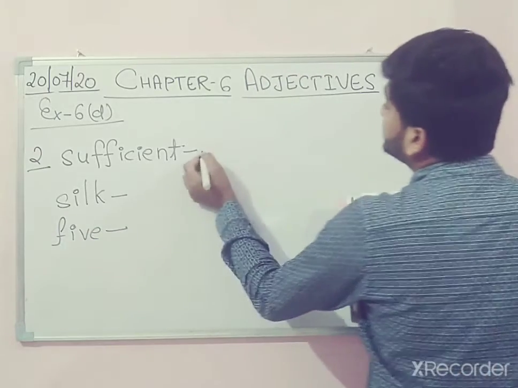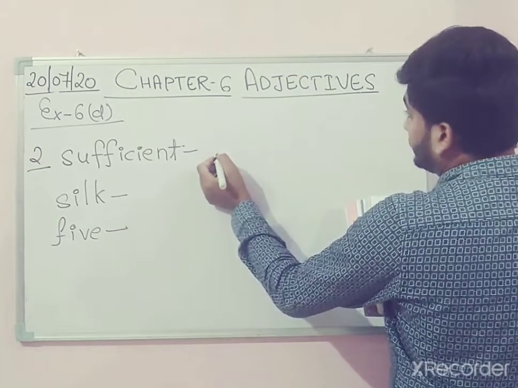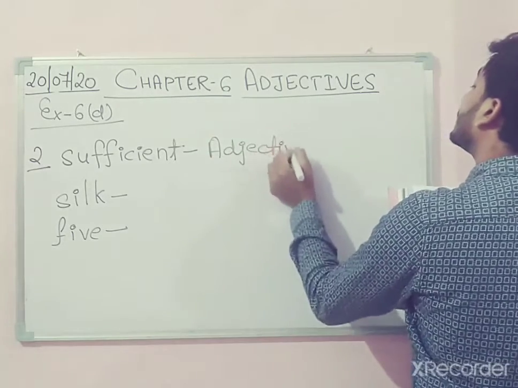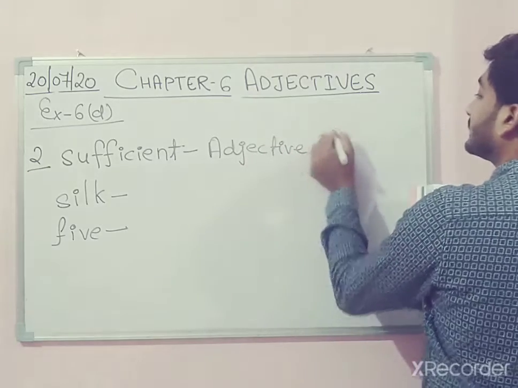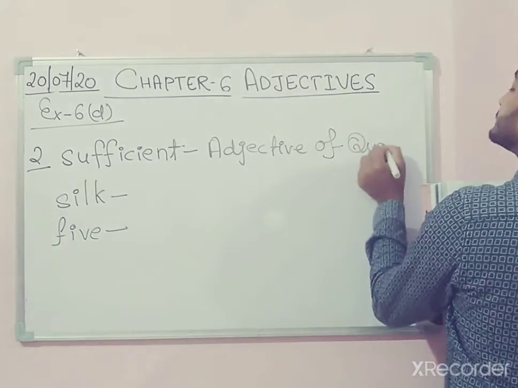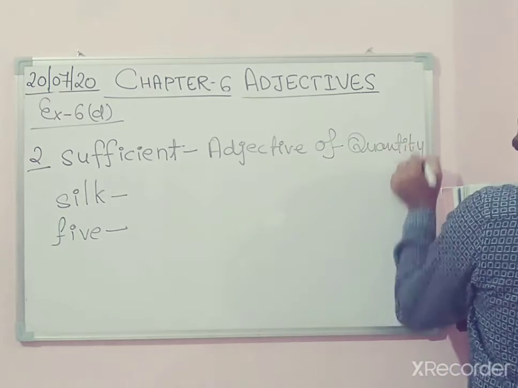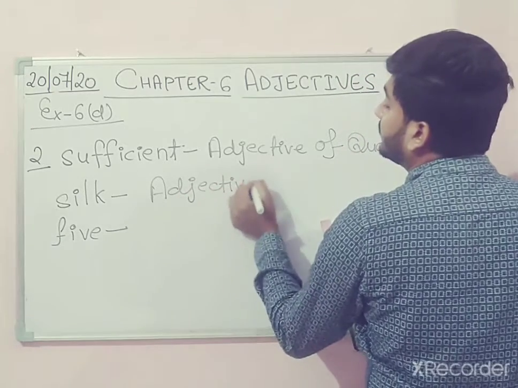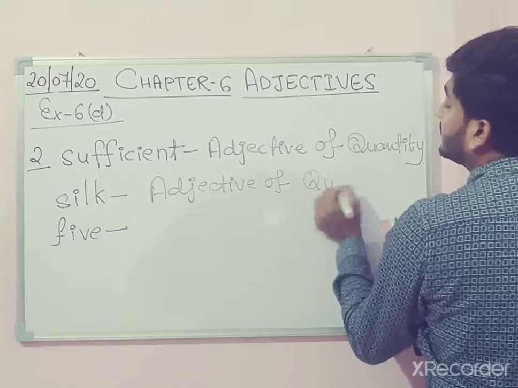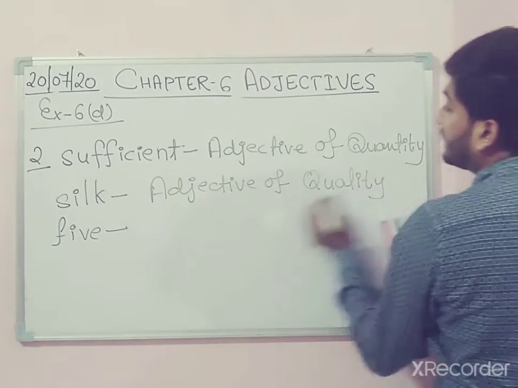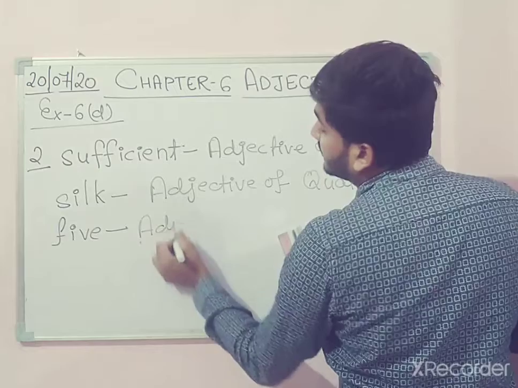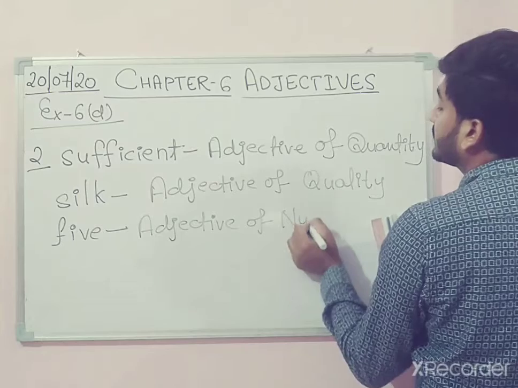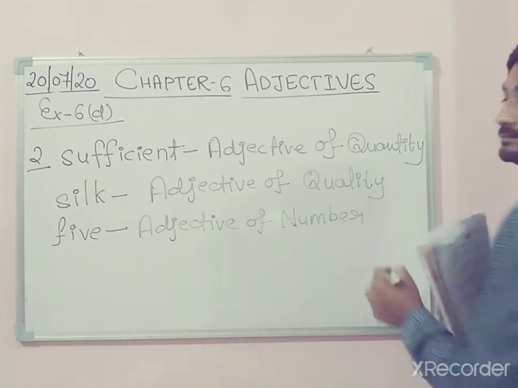So how much? That means uncountable, and what will it be? It will be an adjective of quantity. Silk, what kind? That means adjective of quality. And 5, which means number, how many? Adjective of number. Okay.